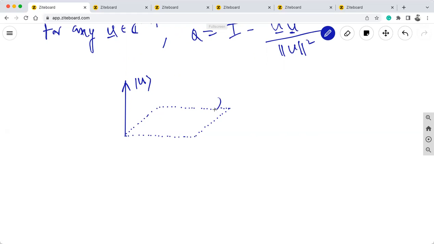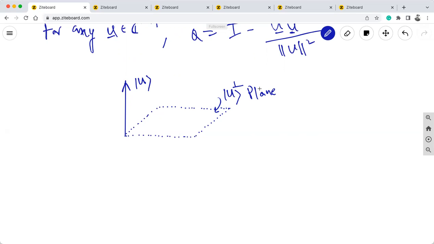You can write it as u perp, that is perpendicular to the vector u. So it's the u perp plane.